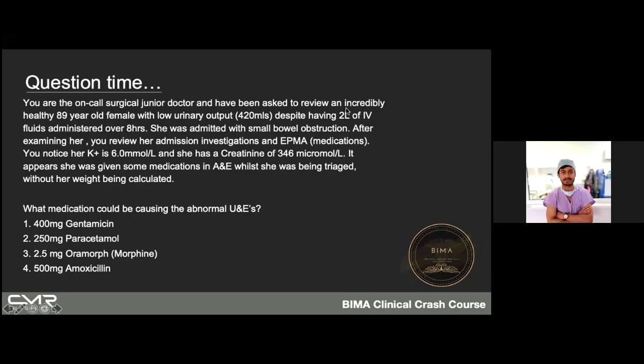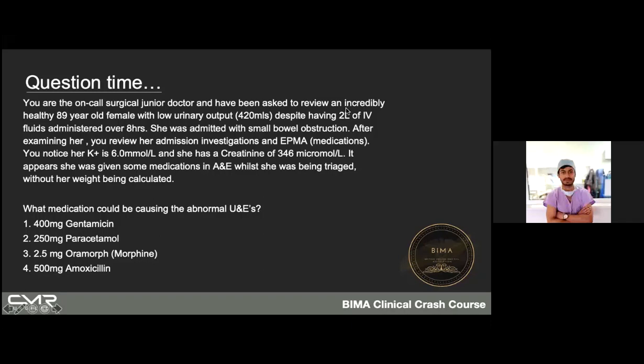So in this case, it is the gentamicin, but I just want to point out that the paracetamol, the oromorph, and the amoxicillin can also cause kidney problems. Paracetamol would probably be the third most nephrotoxic choice out of these four.